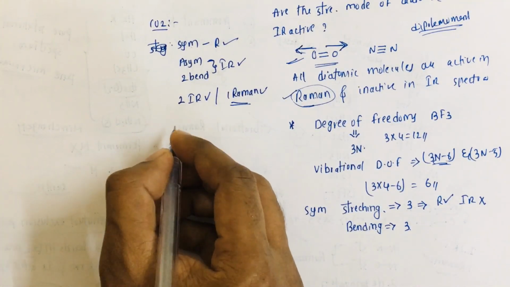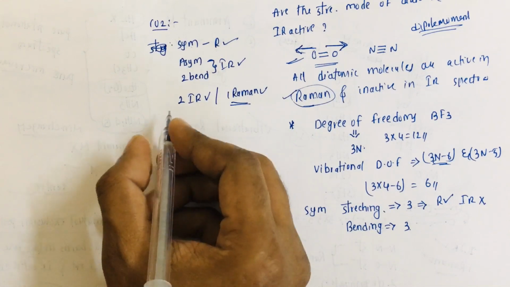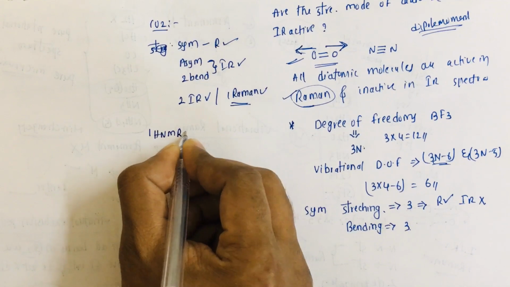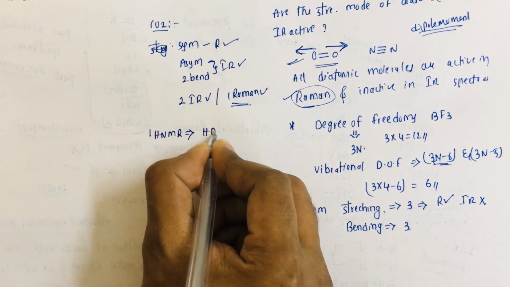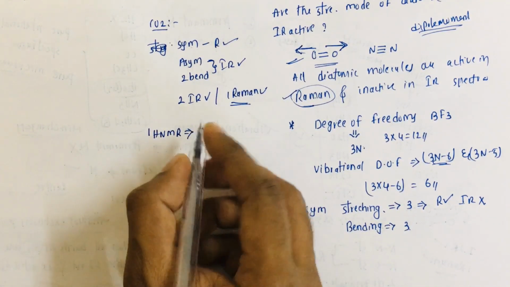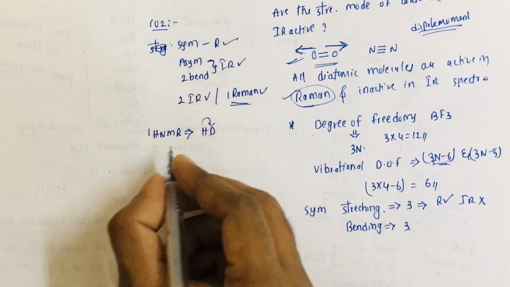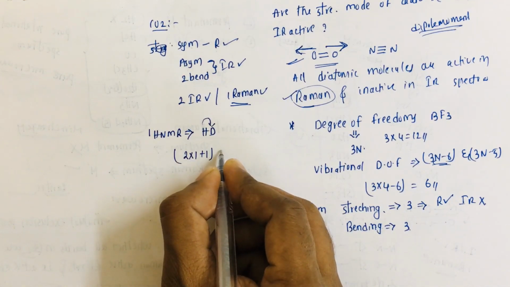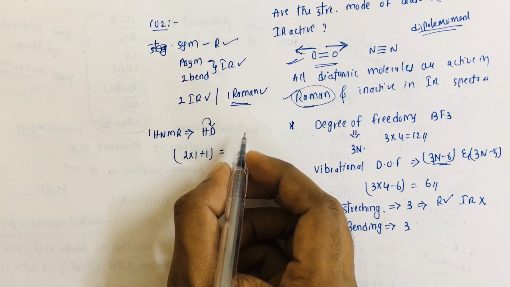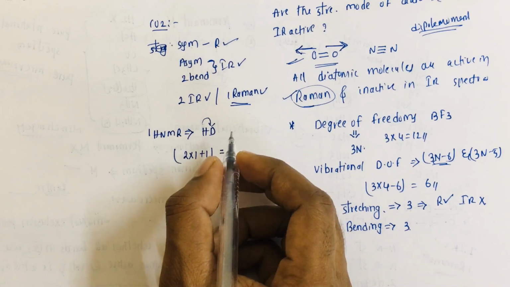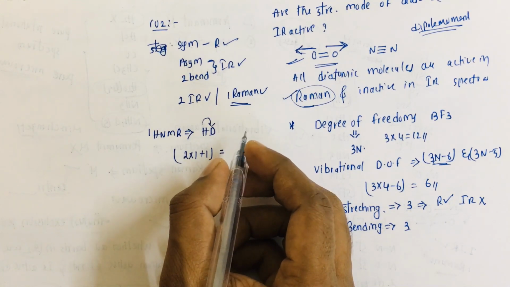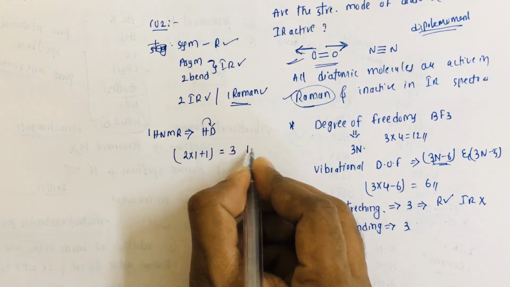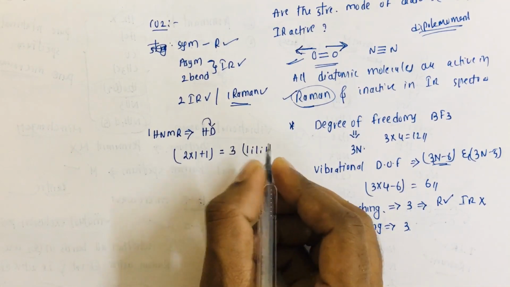And the next question is a simple question: what is the 1H NMR spectrum of HD compound? Okay, so here the hydrogen couples with this deuterium, so 2 into 1 plus 1, we get a triplet with a 1:1:1 ratio.